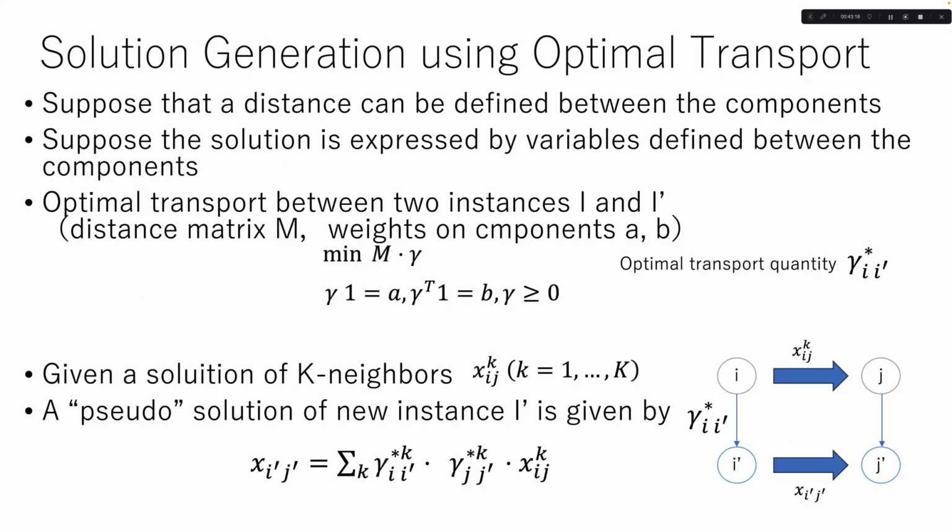Assuming that the distance between problem instances can be calculated using the transport problem, it is possible to calculate the optimal transport quantity gamma between the components of the problem instances. Now, suppose the solution is expressed by variables defined between the components. If there are k similar problem instances for a new problem instance I, the solution for problem instance I can be constructed by weighting the solutions of the similar problem instances using the optimal transport quantities.